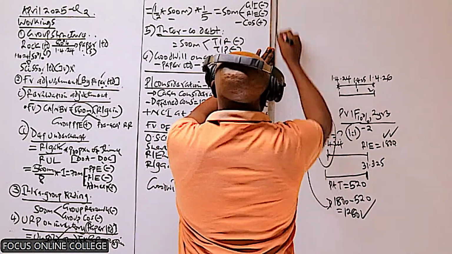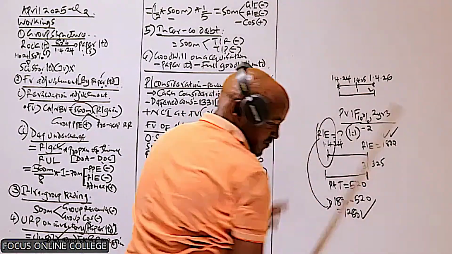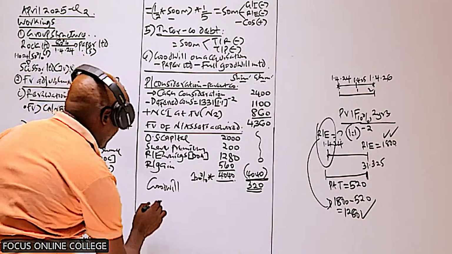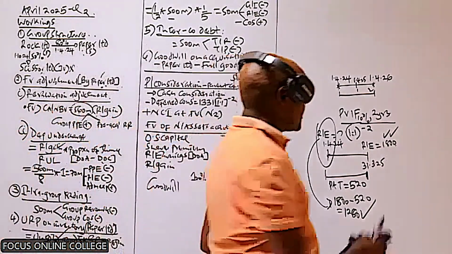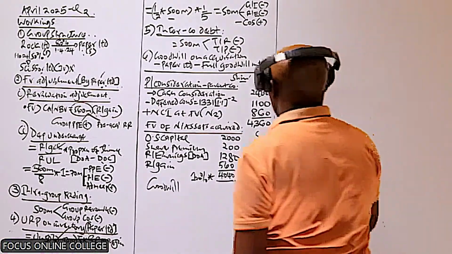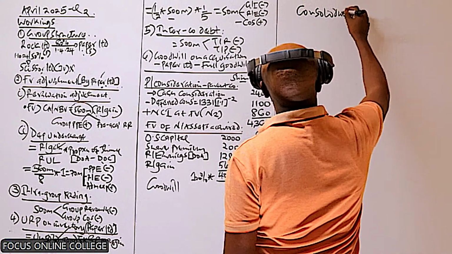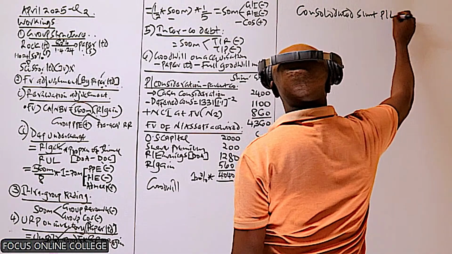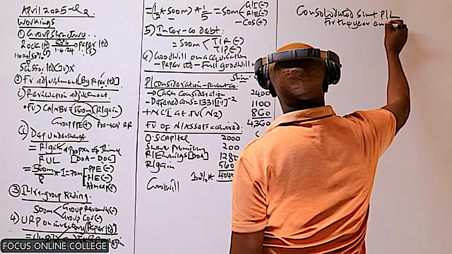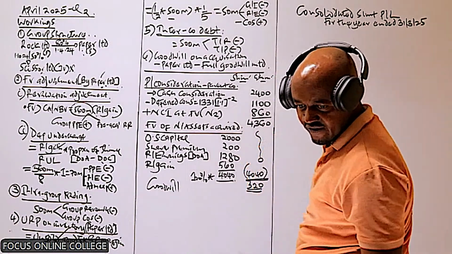Having the workings, preparing what is required should not take us a lot of time. So we go straight to part A, the consolidated statement of profit or loss for the year ended 31st of March 2025.